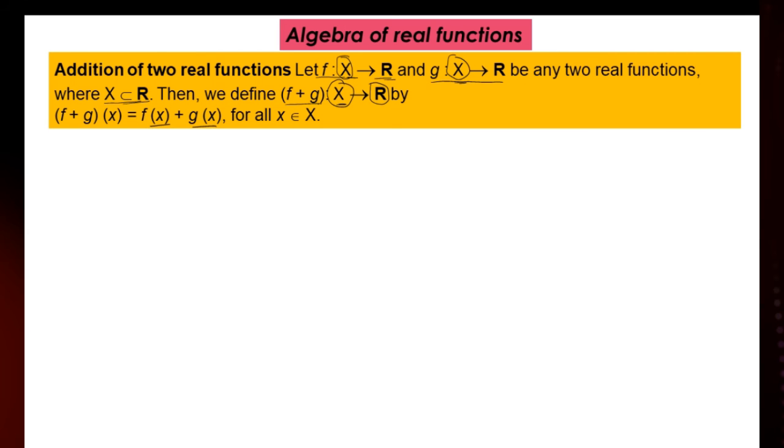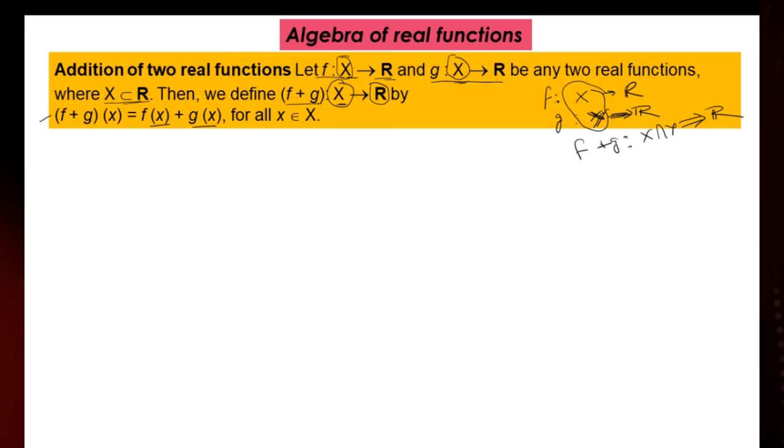Here one thing you have to notice: the domains must be equal, only then will we add like this. If the domains are not equal, say the domain of f is X and the domain of g is a different one, Y, then f plus g will exist only in the common portion, X intersection Y. You are supposed to write that down, so you have to take care.